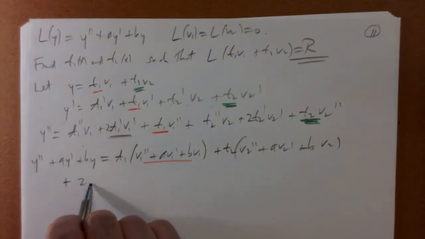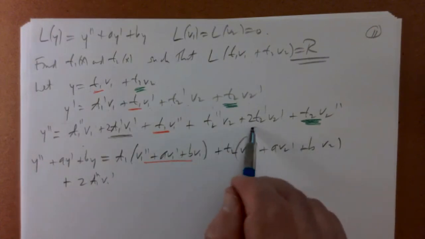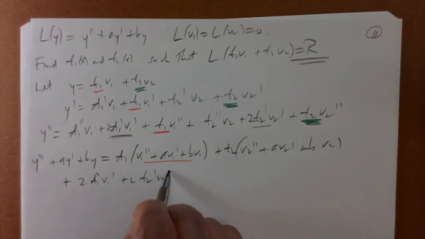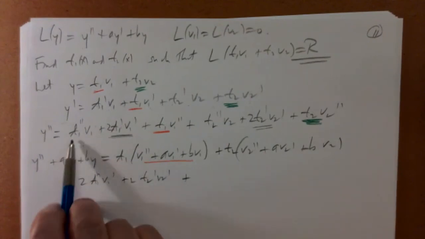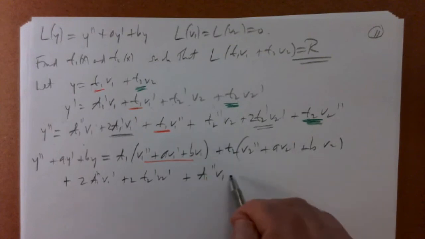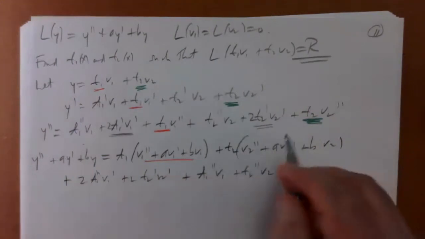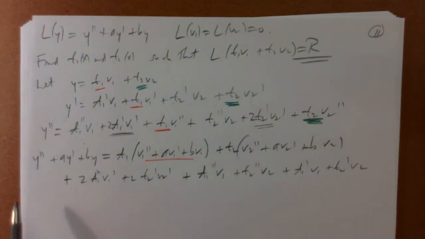So I have 2 t1' v1' plus 2 t2' v2' plus t1'' v1 plus t2'' v2 plus these 2 terms, t1' v1 plus t2' v2. All right, so I have this and this and this and this.